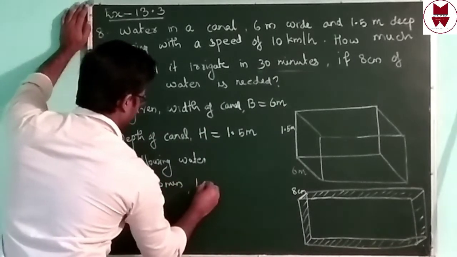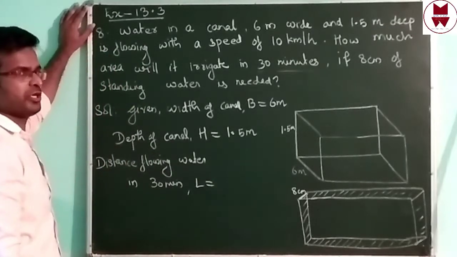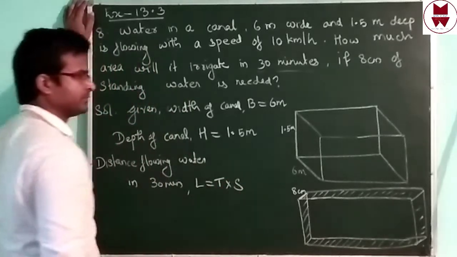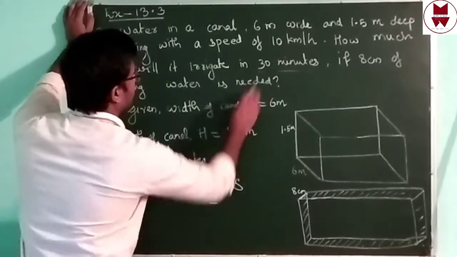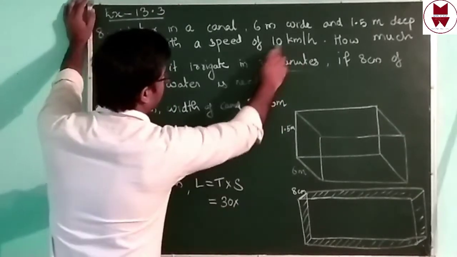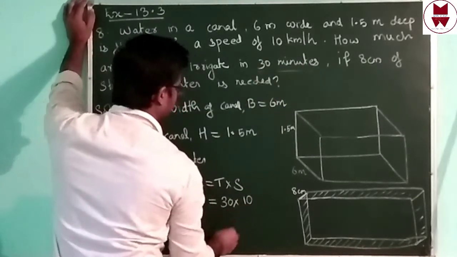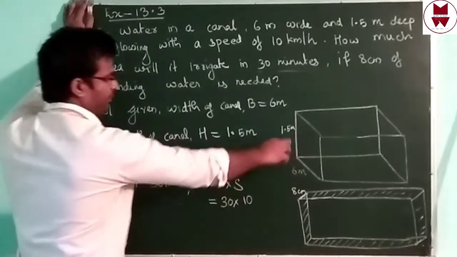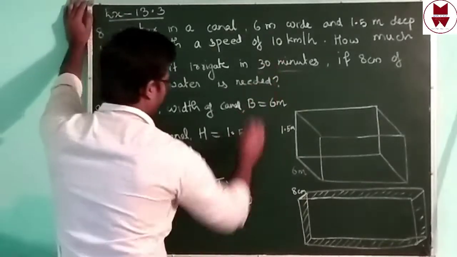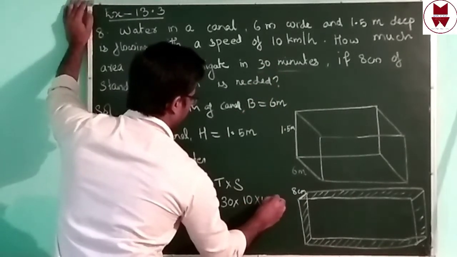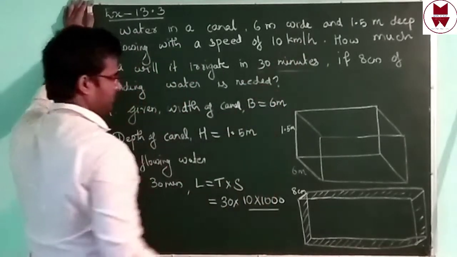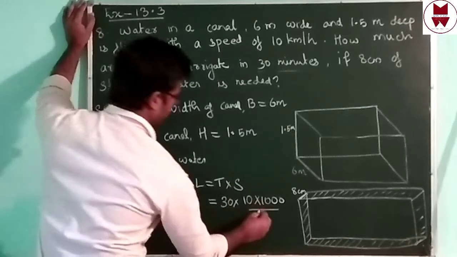We can take that L equal to distance formula, you know. Distance means time into speed, isn't it? Time is already given, 30 minutes, and speed 10 km per hour. 10 kilometer we have to change to meter because other measurements are given in meter. Multiply by 1000, divided by 1 hour, that is 60 minutes.